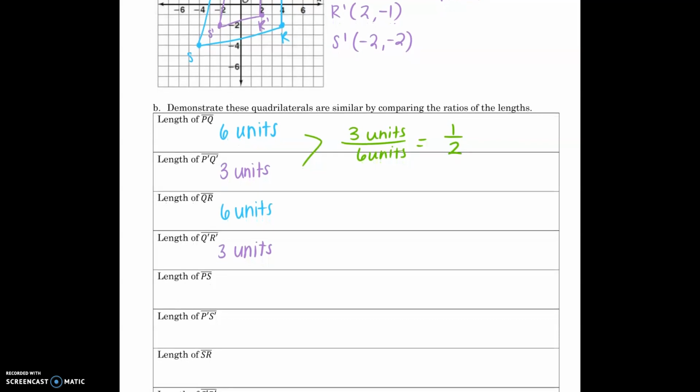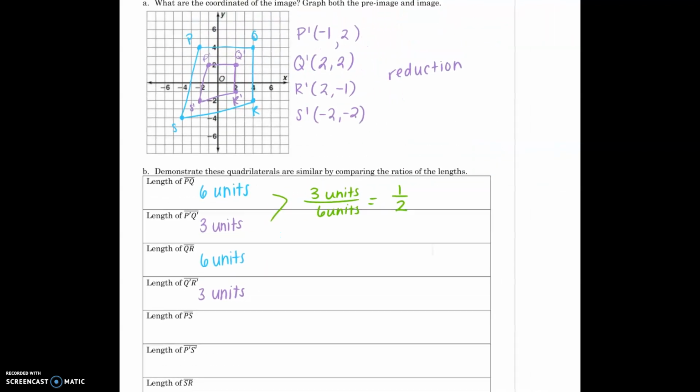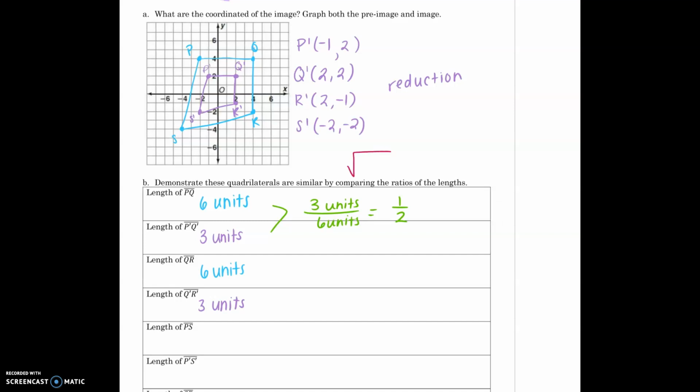Now for PS, P prime S prime, SR, and S prime R prime, because they are diagonals, we have to use the distance formula this time. If you recall, the distance formula is the square root of (x2 minus x1) squared plus (y2 minus y1) squared.